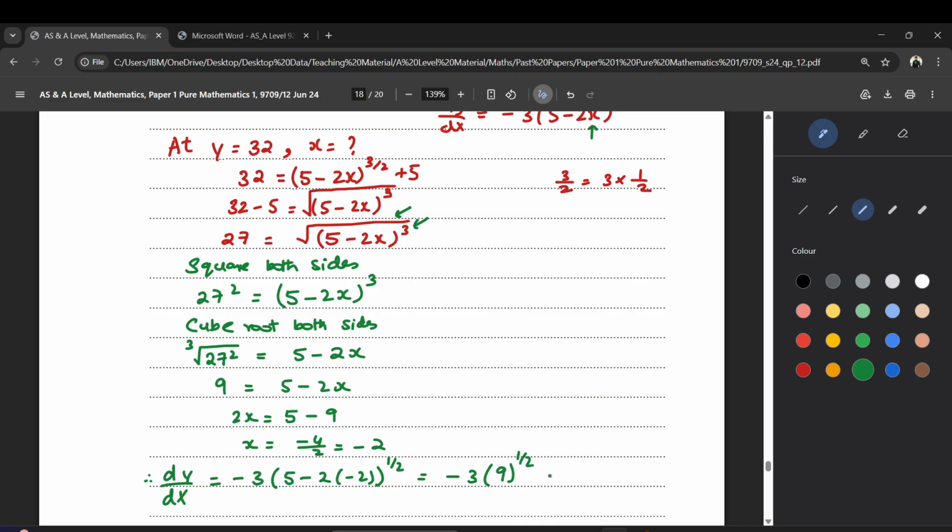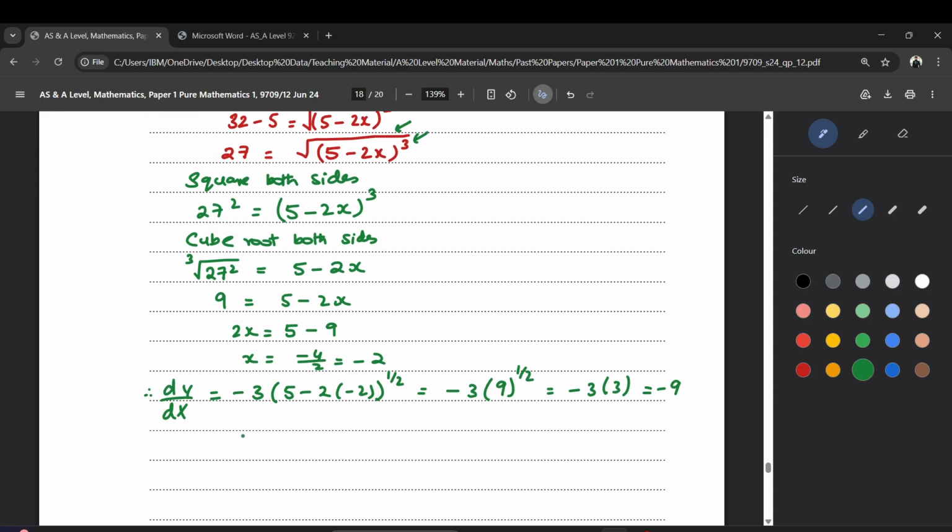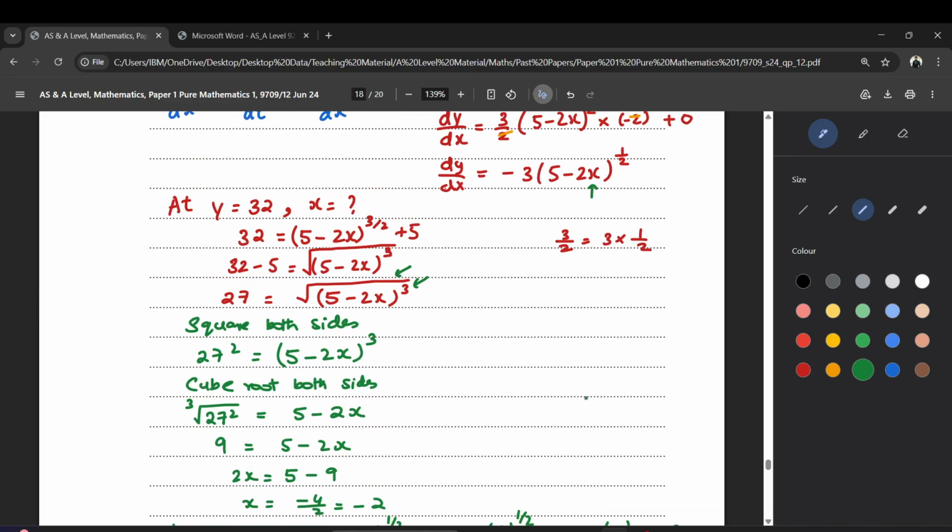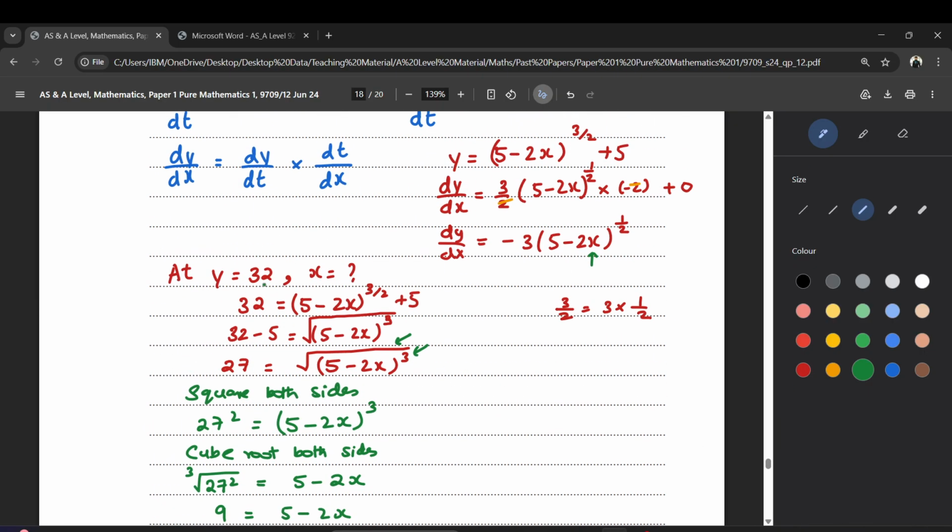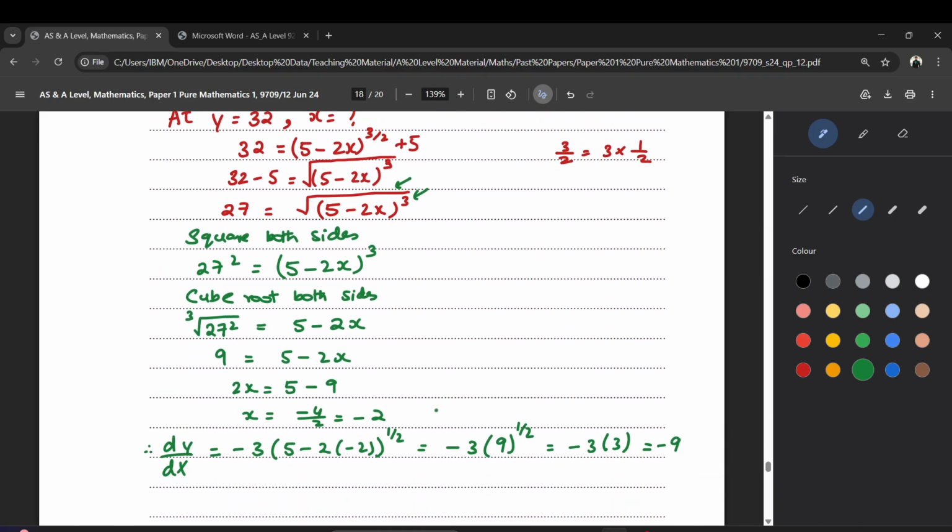So 9 to the power of half. So that would be minus 3 times 3, and that gives us minus 9, because 9 to the power half means square root of 9. Okay, so this is my dy/dx at y equals 32 and x equal to minus 2.